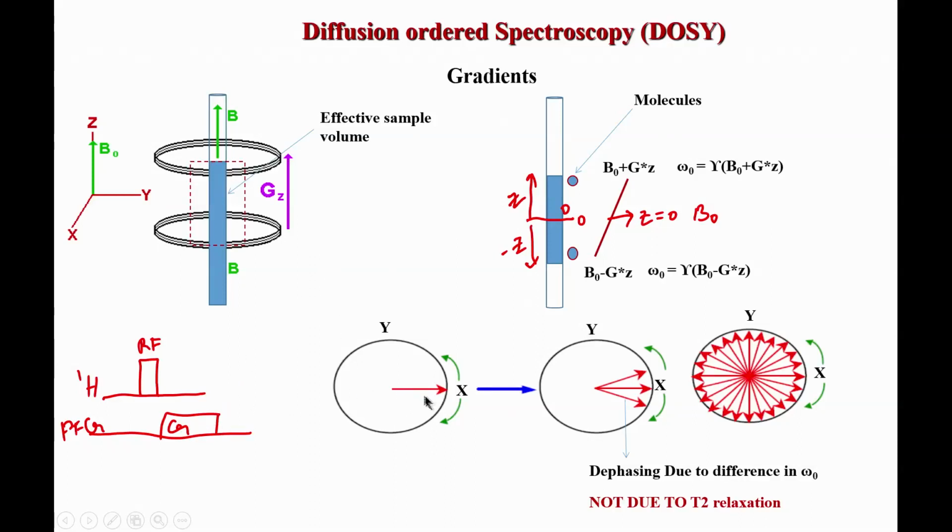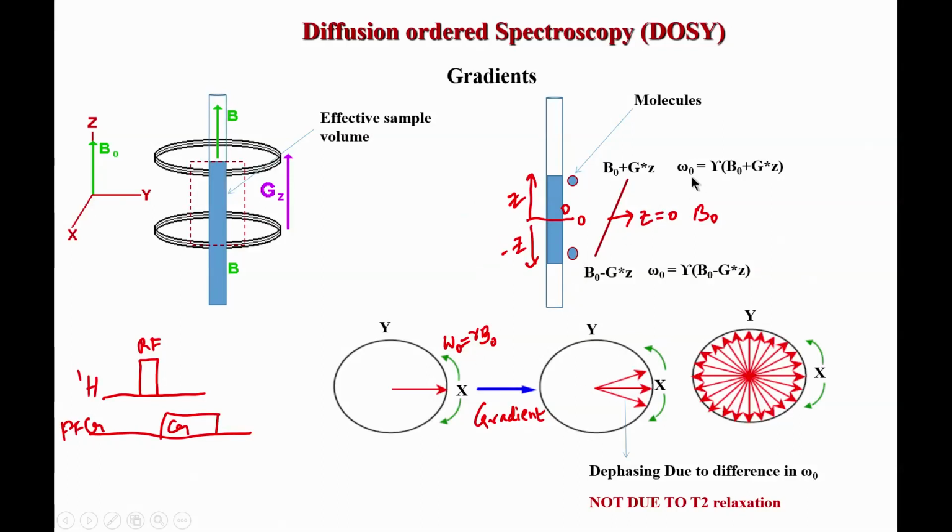So what will happen? Suppose the gradient is not there. Then the magnetization will precess with omega naught equal to gamma into B 0. This is the standard NMR formula which all of us know. But when I apply a gradient, the molecules on this side of the sample and the molecules on this side will not have the same omega value.